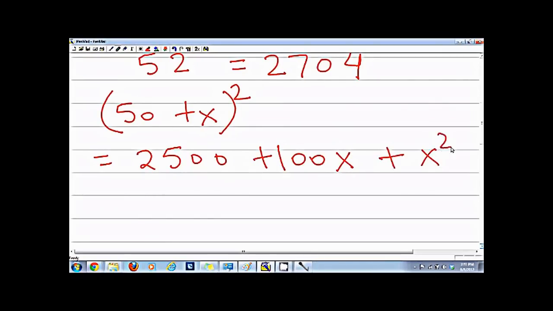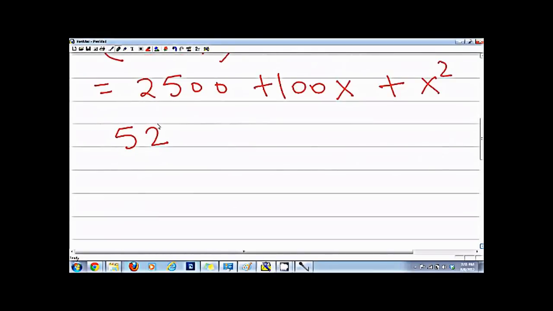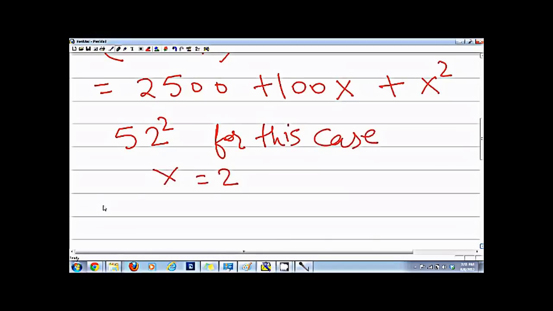So you can see that if I am taking a square of 52, then x in this case is equal to 2, and if x is equal to 2, then you can go back to the equation and say 2500 plus 2 into 100 plus 2 square.